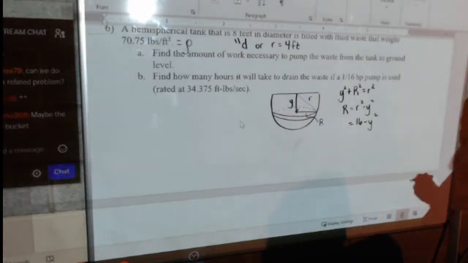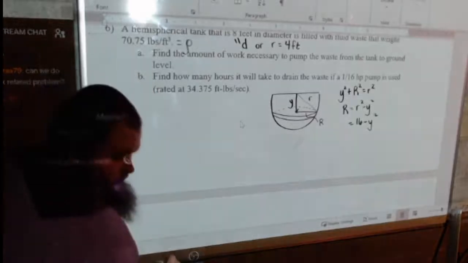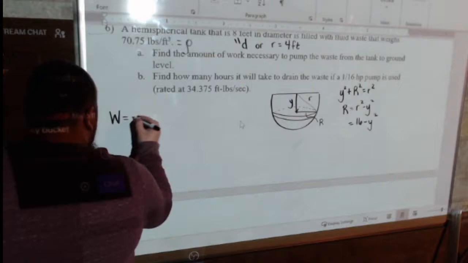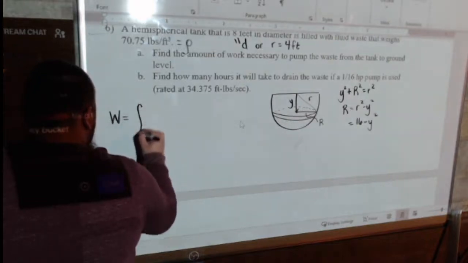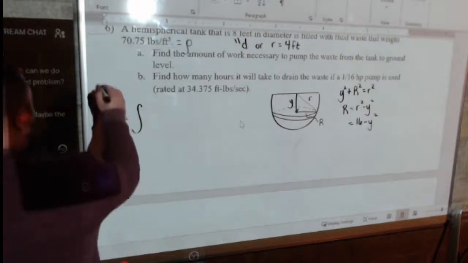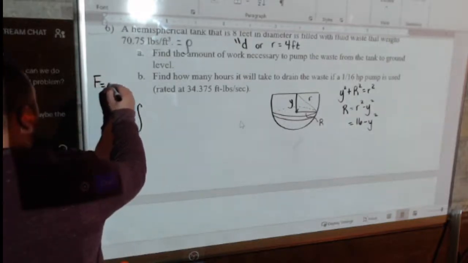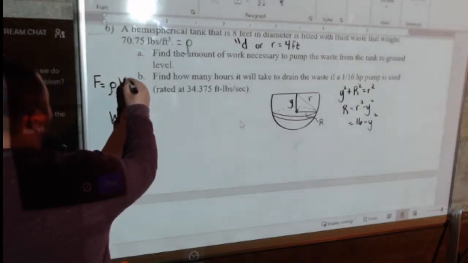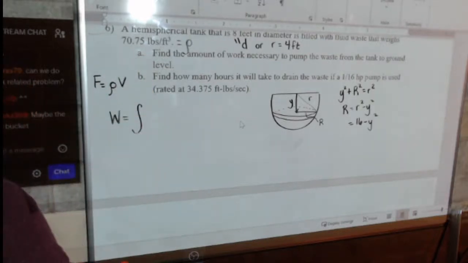All right, we need our work. Work equals our force times distance. Recall that force is rho, and because this is a volume, that's rho v.